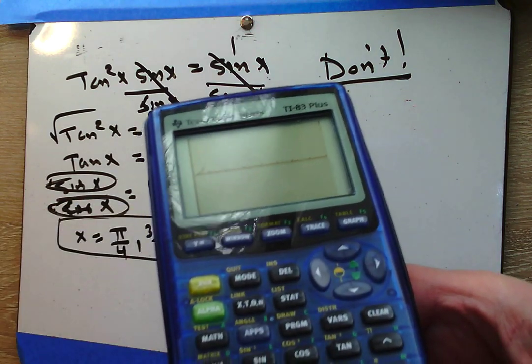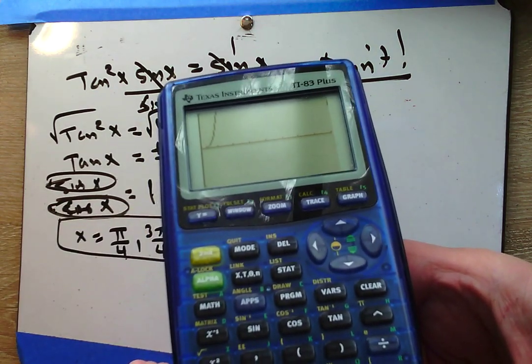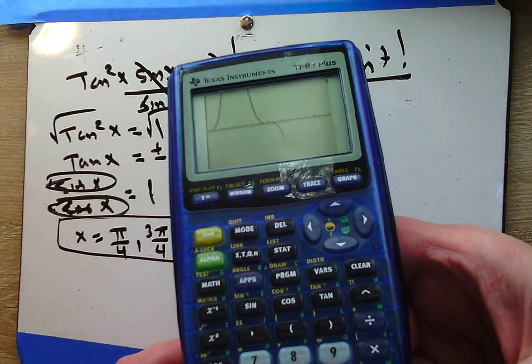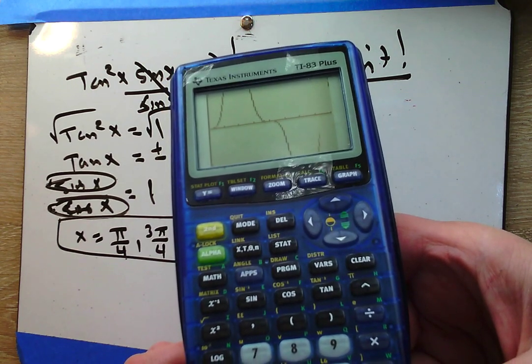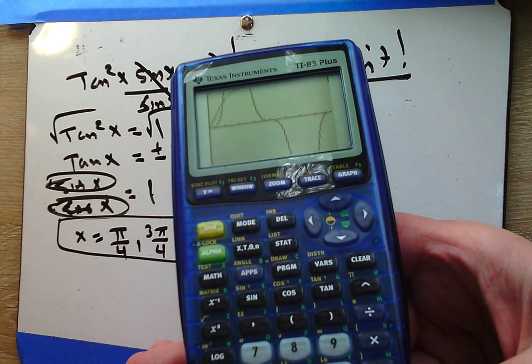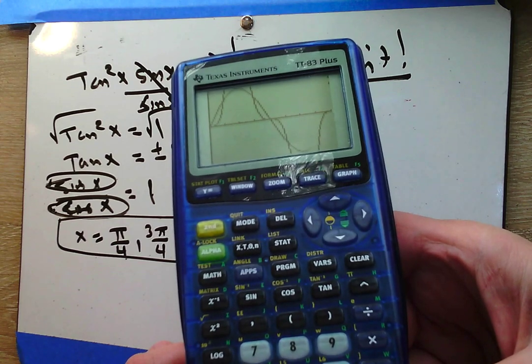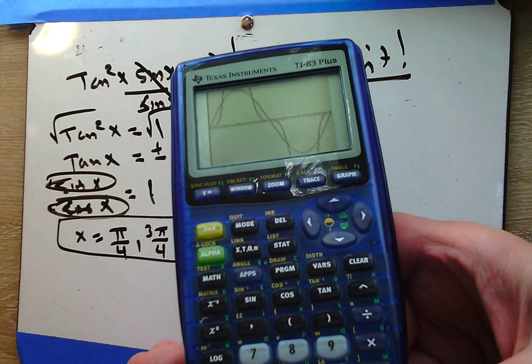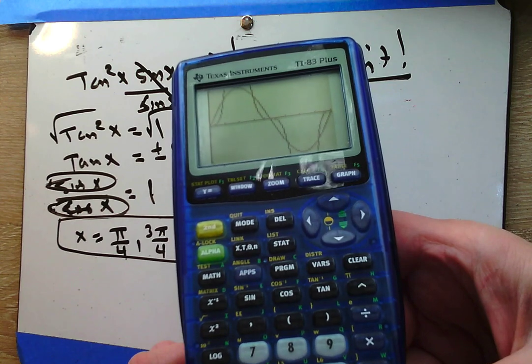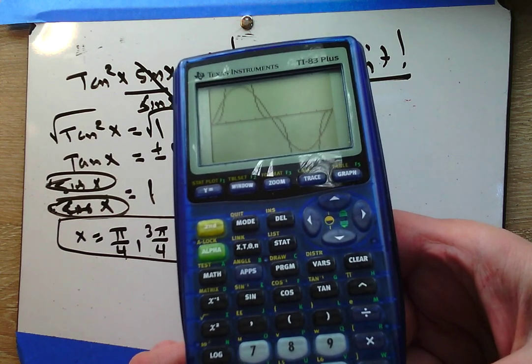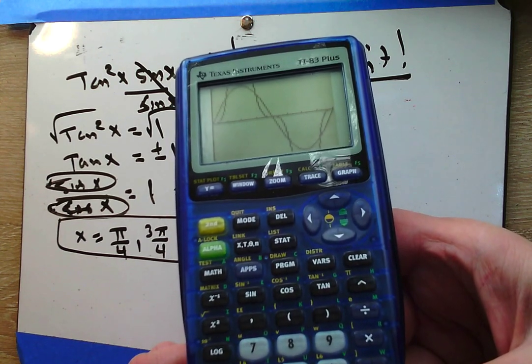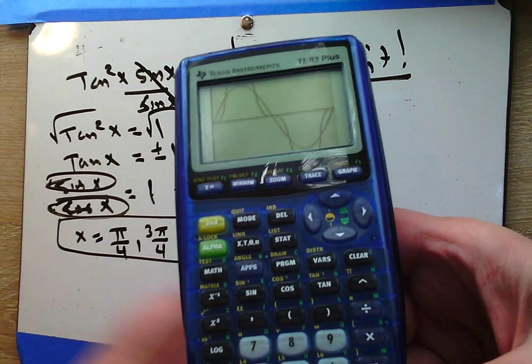There we go. And how many points of intersection do we see? 1, 2, 3, 4. Well, do we really see 4? Let's think about that again.